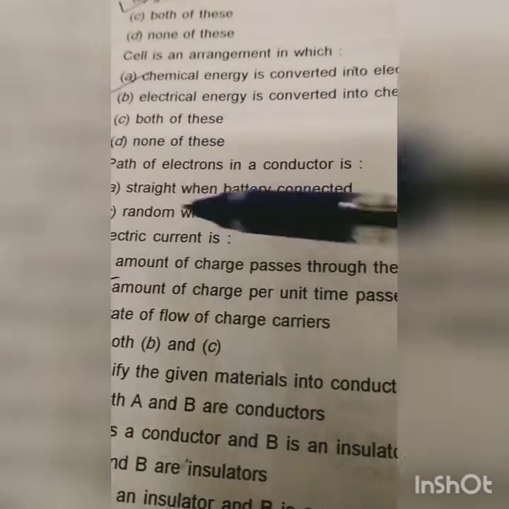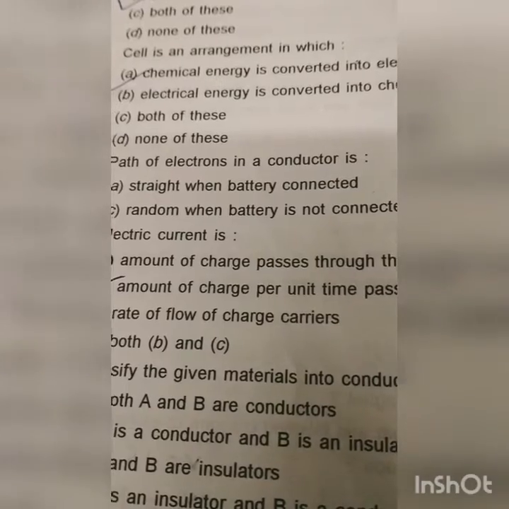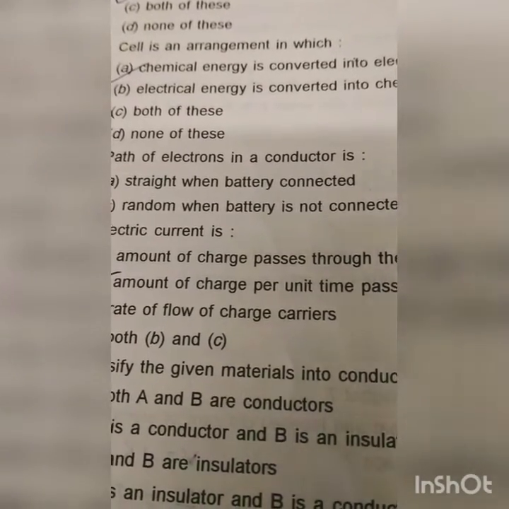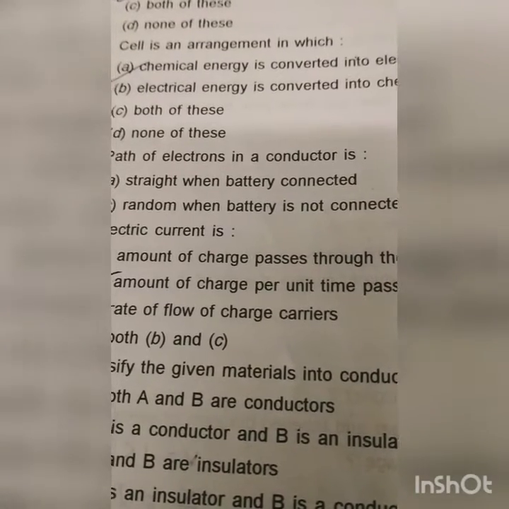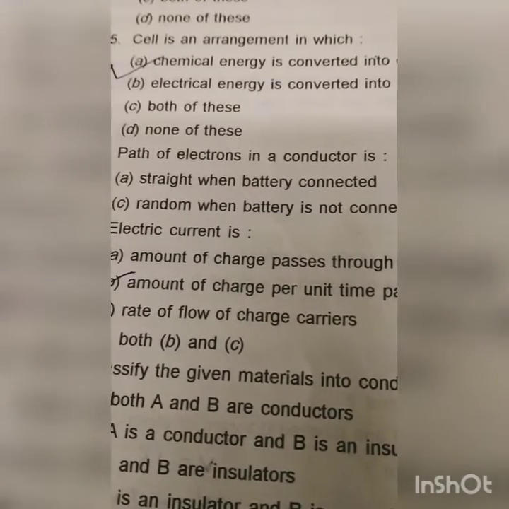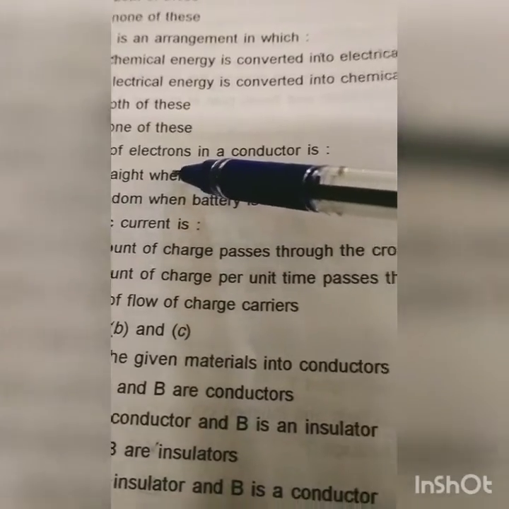So when battery is connected, there is a current flow, and when there is current, electrons move in a particular direction. So they flow in a straight path. So this is correct.